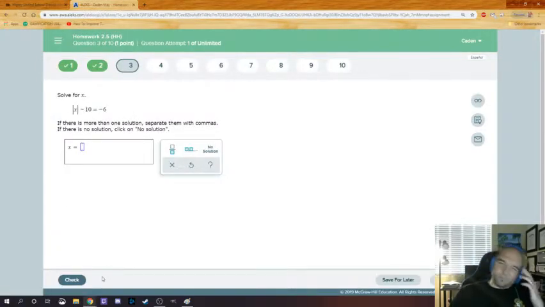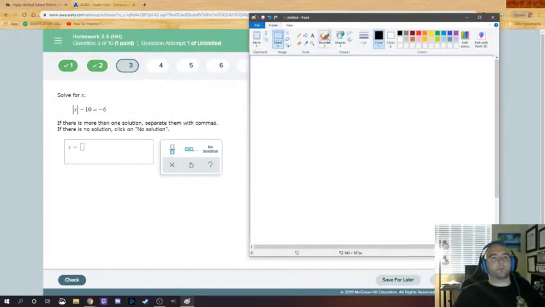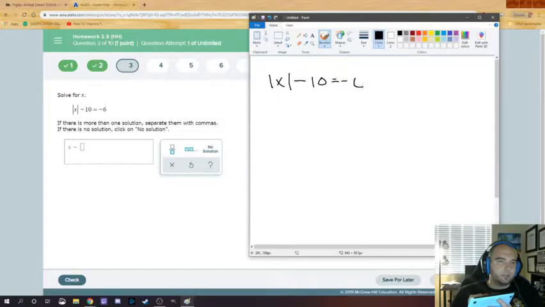Oh, okay, well, sort of. So maybe your first glance is, oh, look, it equals a negative number. There might be no solution here. The thing is, on these problems, we have an absolute value and something else on the same side as it. And that something else on the same side can't be there. You can't decide if it's solvable or not till you've done that step. So here we go. We got absolute value of x minus 10 equals negative 6.